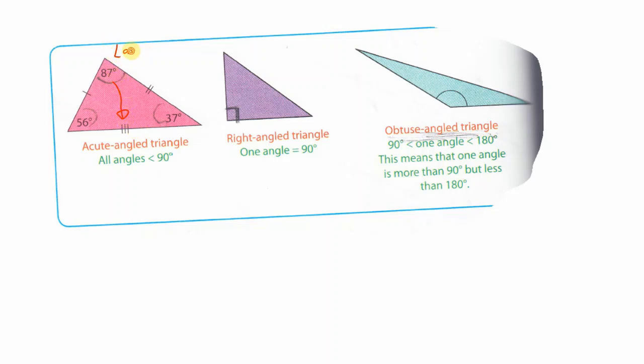So the largest angle will result in the longest side opposite it. Similarly, the smallest angle, in this case 37 degrees, if you go opposite it, you will get the shortest side. So the 56 that's in the middle will be the length that's neither the longest nor the shortest side of the triangle.